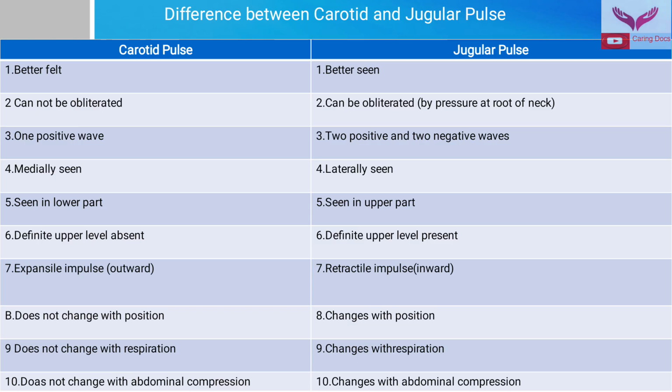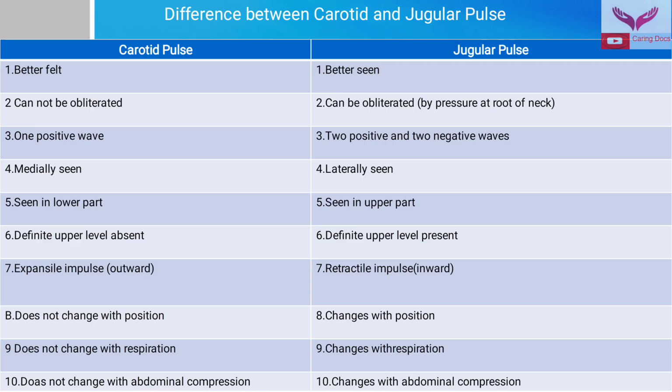Carotid pulse is seen medially, jugular pulse is seen laterally. Carotid pulse is seen in the lower part, whereas jugular pulse is seen in the upper part. Carotid pulse does not have a definite upper level, whereas the jugular pulse has a definite upper level.